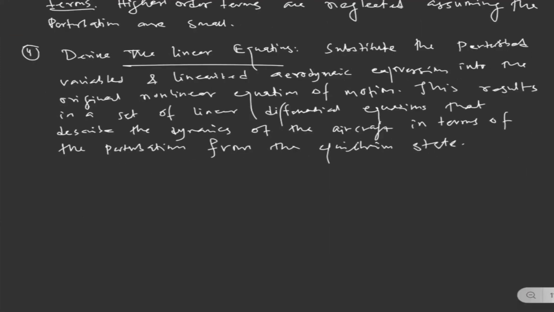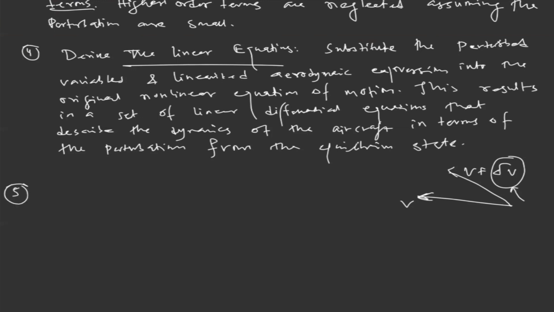Suppose the velocity of the aircraft was capital V, and due to perturbations this velocity has changed to V plus delta V. The equation will be written in terms of delta V. So our main motivation is we need to design the control such that delta V goes to zero. Then if delta V goes to zero, V will be equal to the same V here. So the linear model will be found in terms of perturbed variables.